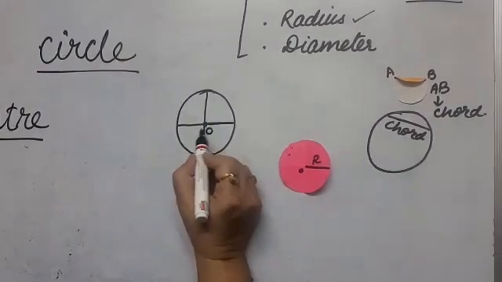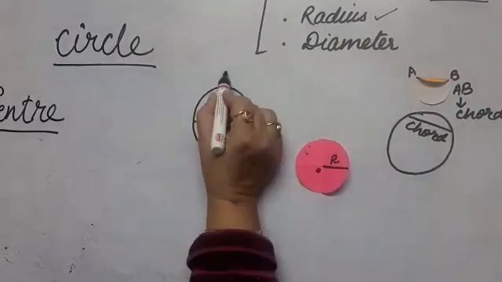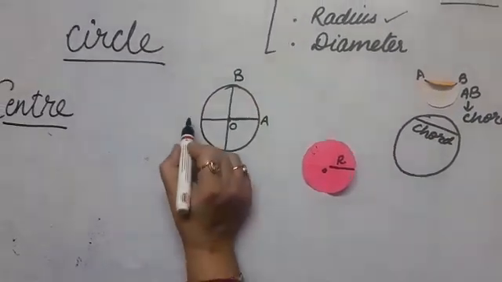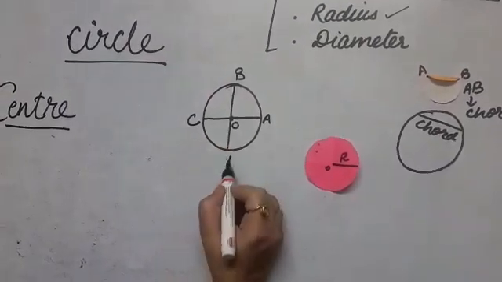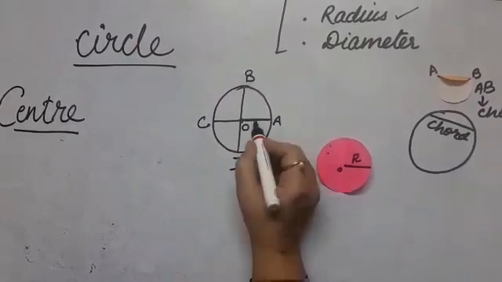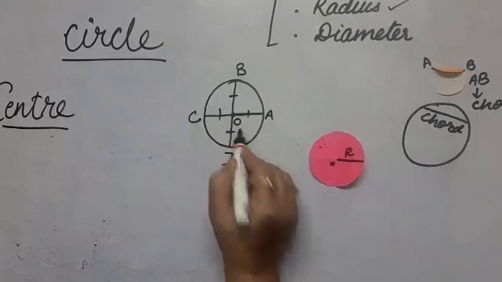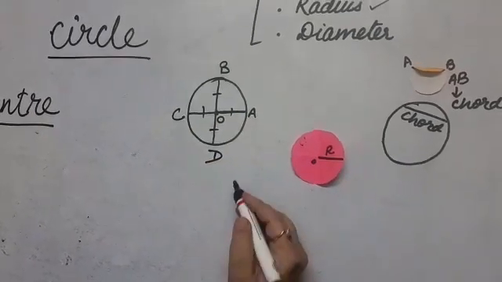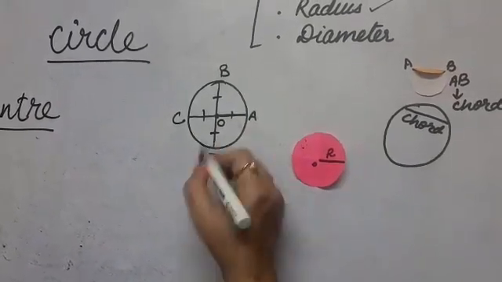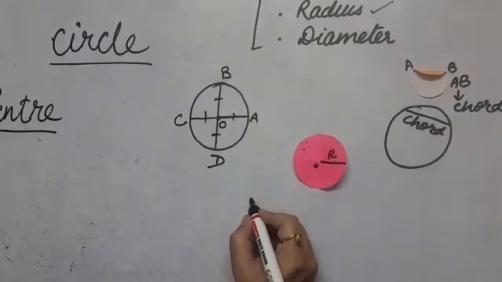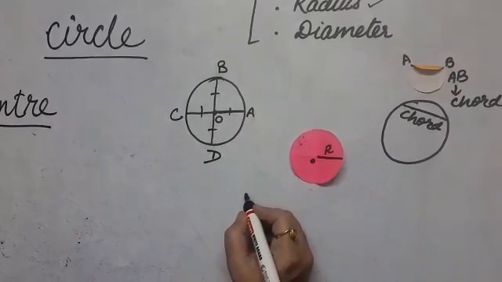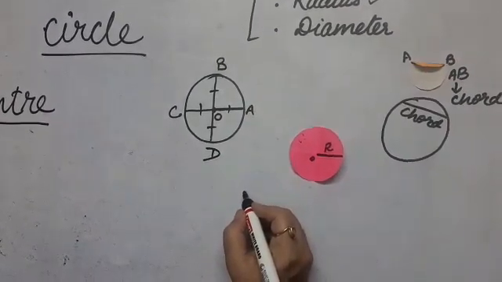As you can see here, OA is radius, OB is radius, OC is again radius, OD is radius. And I am telling you all the radius are equal. Plural of radius is radii.